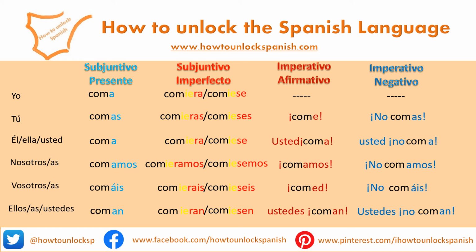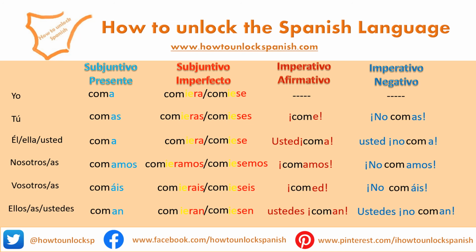And for ustedes, we also use the subjunctive. So the only one we have to conjugate really as imperative is the tú form, comes of the presente, taking away the s. And then vosotros. So vosotros, I get the infinitive and I just take away the r and add a d. So it would be comed.